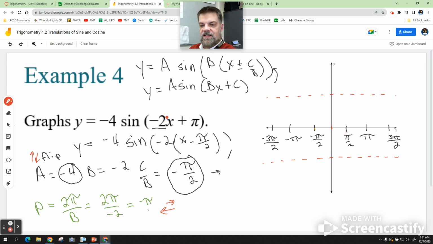Okay. Would you start on pi over 2 because it's shifted? We would start here because it shifted, right? And so because it flips, it goes this way. But it flips again the other way, so we would go this way. Right? It's hard.